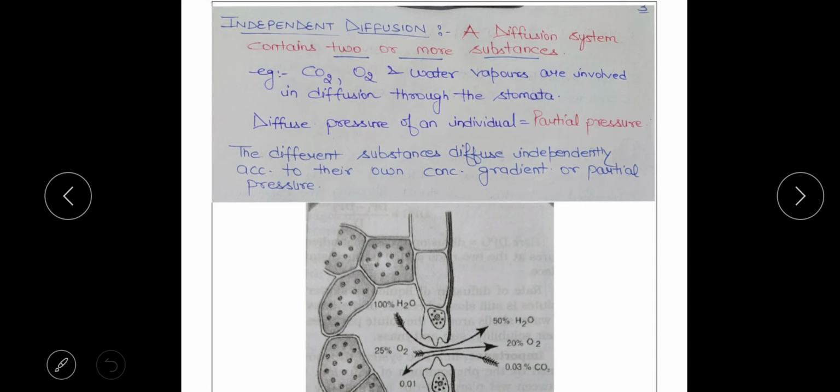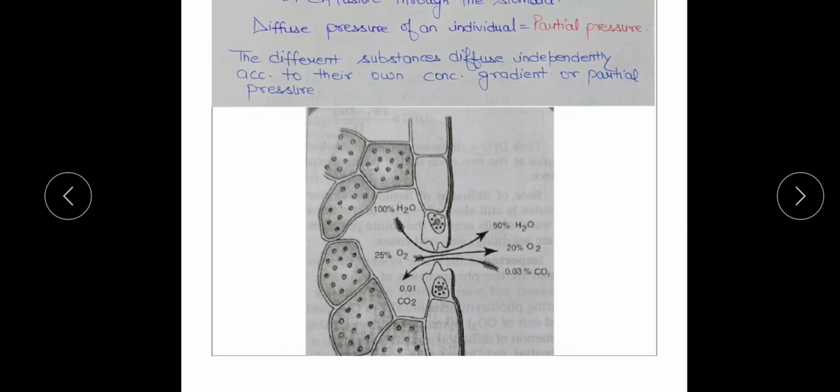The different substances diffuse independently according to their own concentration gradient or partial pressure, like in this particular diagram, which shows the movement of water vapor, oxygen plus carbon dioxide.